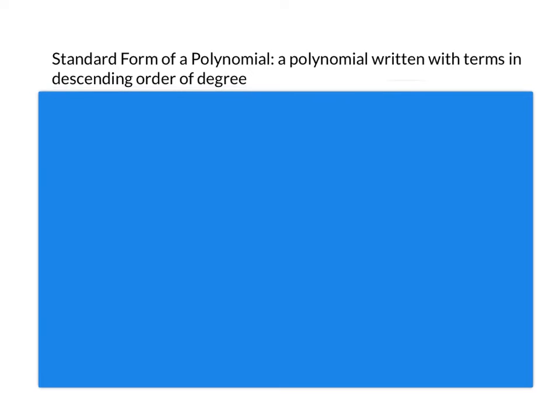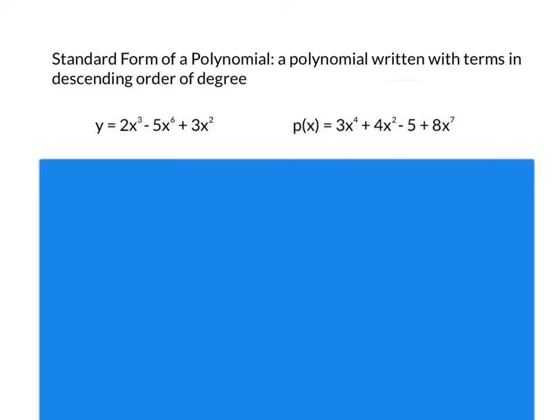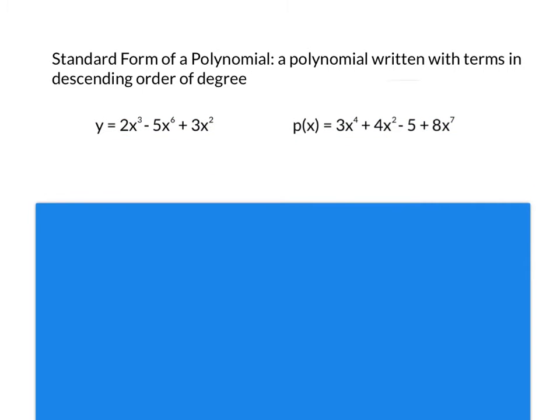The next term that we will define is the standard form of a polynomial, which is a polynomial written with its terms in descending order of degree. So looking at the two examples that we had before, looking at the equation y equals 2x to the third minus 5x to the sixth plus 3x squared, we determined that the degree was 6. So we're going to rewrite our equation, but we're going to start off by writing the term with the highest degree first.